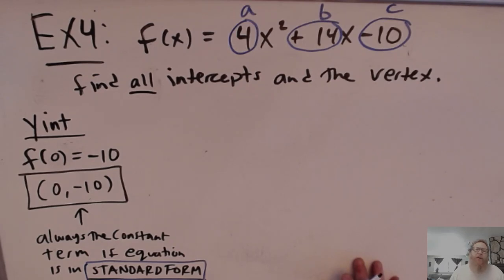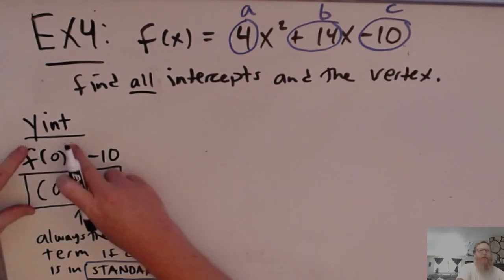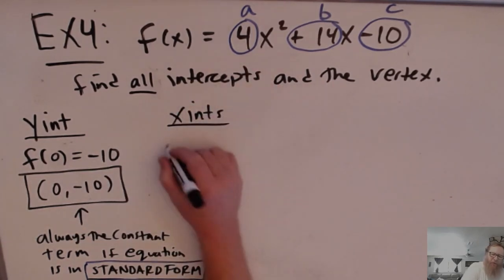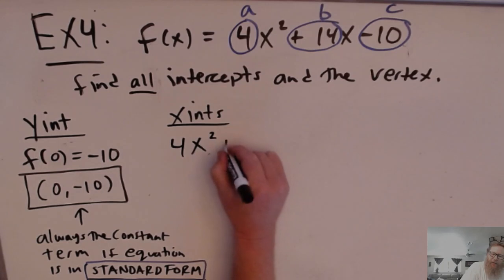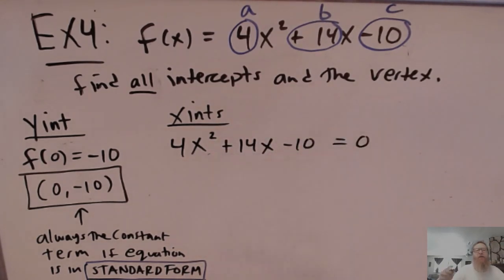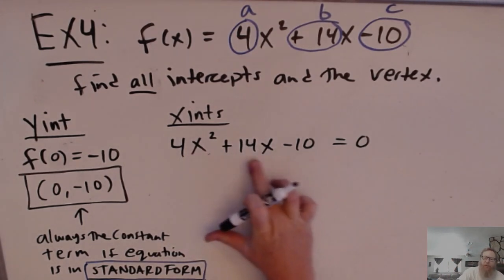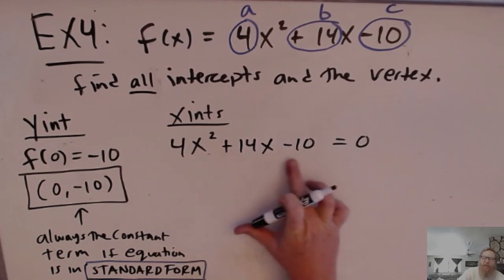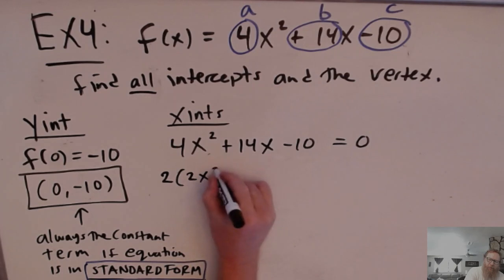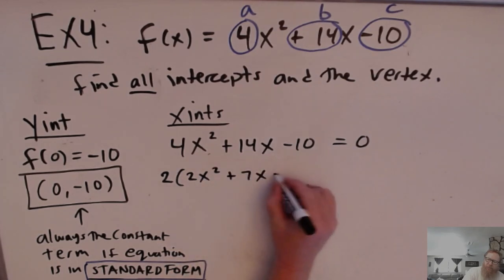All right, so go ahead, give it a try. We already know the y-intercept. The x-intercepts will be a little bit tougher. We're going to set this equation equal to 0 and hopefully be able to solve it easily. One thing you can do is look to see if there's anything you can remove from all of the terms.